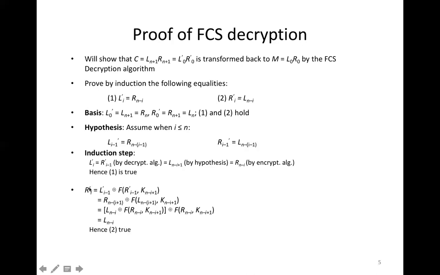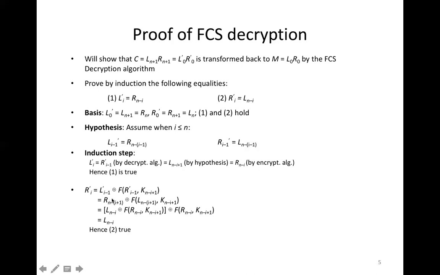All right, so now let's look at R sub i prime. We want to prove this now. By the decryption algorithm, it is equal to L sub i minus 1 prime exclusive OR F of R sub i minus 1 prime, using this round key, subkey K sub n minus i plus 1.